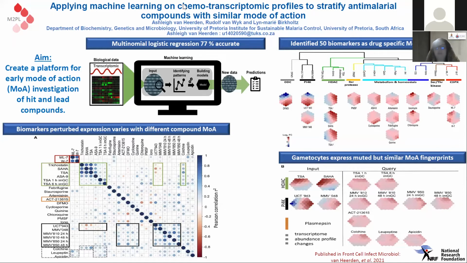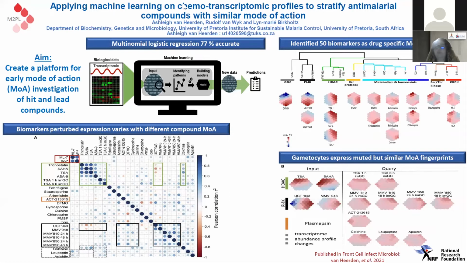However, because transcriptomic data is so complex and big, we wanted to utilize machine learning, as it has been shown to be very efficient in analyzing big and complex data sets to identify patterns and make accurate models. So the general idea was to make machine learning models that would analyze the transcriptomic data of drug-treated parasites and use it to analyze what mode of action those drugs belong to.